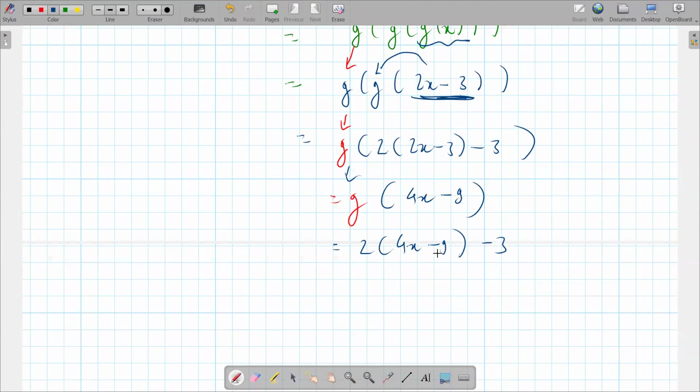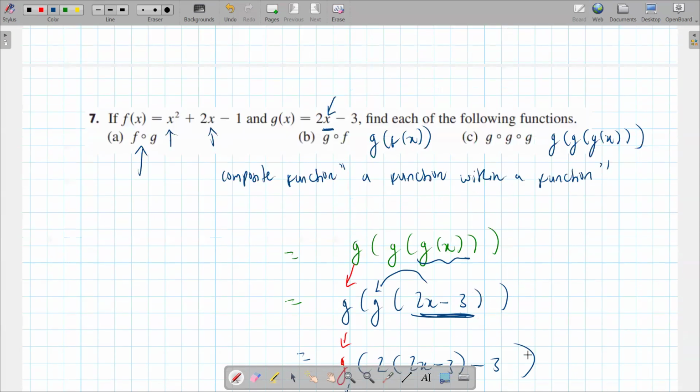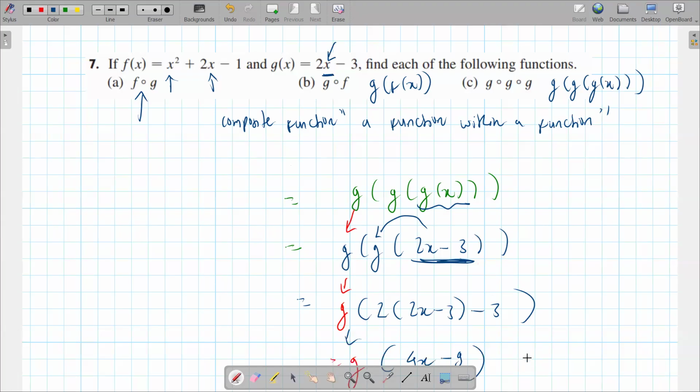So again, 2 times (4x minus 9) minus 3, 8x minus 18 minus 3, that's 8x minus 21. Cool? And you're done. So again, it's just a pure algebra question if you know what you're doing. And you will run into these in grade 12, I'm sure. Maybe in the first chapter of grade 12.